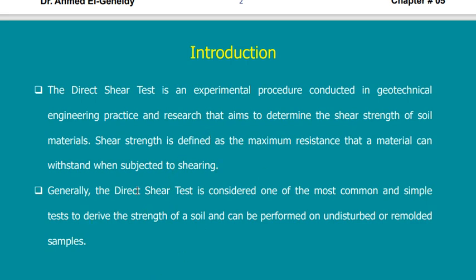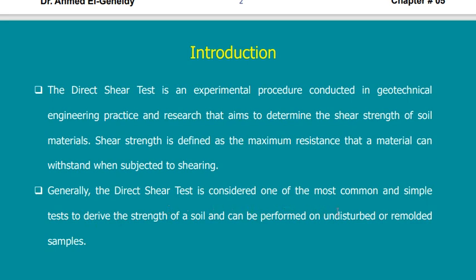Generally, the direct shear test is considered one of the most common and simple tests. That's why we use it. It is common and simple, and it is in every lab, every place, so we cannot ignore it, even though we know that it is not the best, it's not giving the best results, or there are some comments on the results.